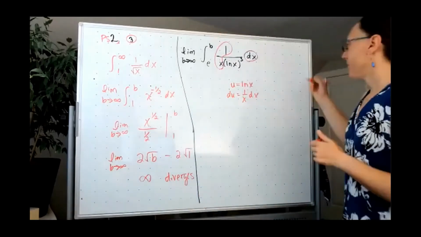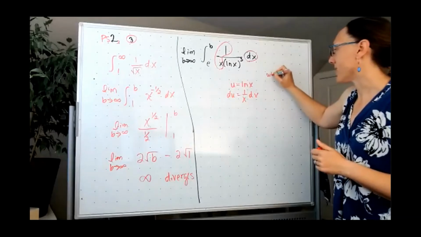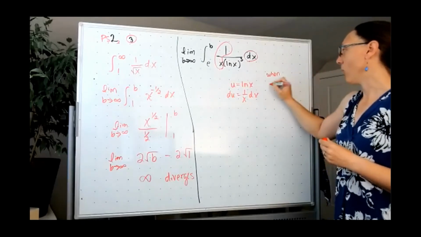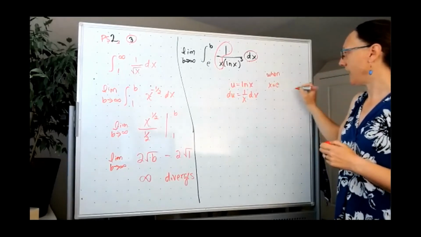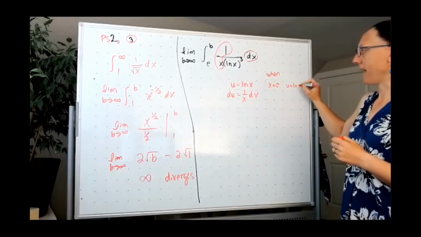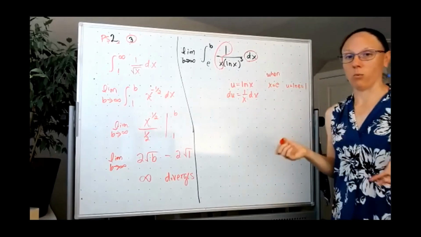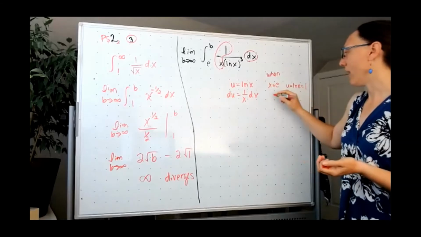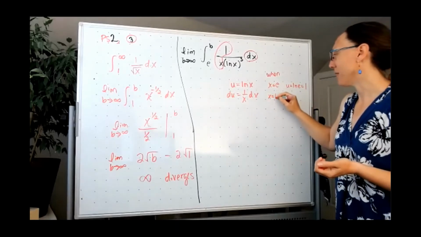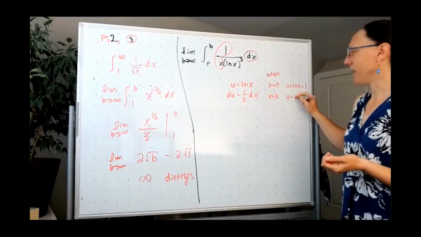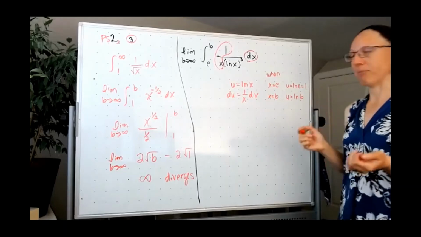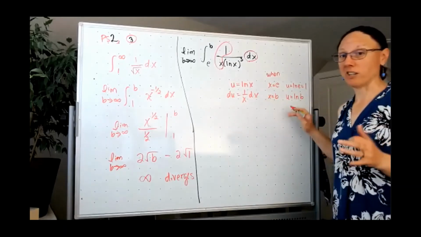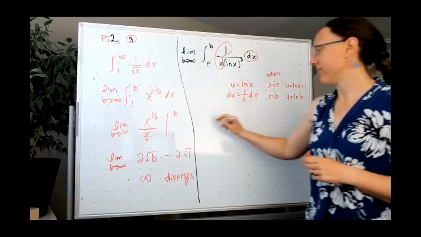So I'm going to come off to the side and say when x equals e, u would be natural log of e or 1. And then when x equals b, u would be equal to the natural log of b. That's all we're going to do. We're just going to leave it right like that.